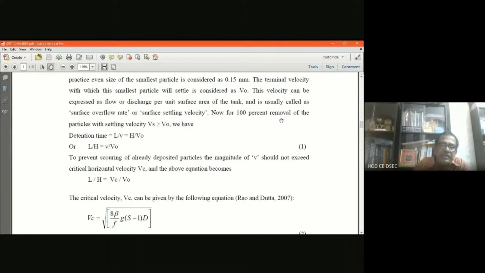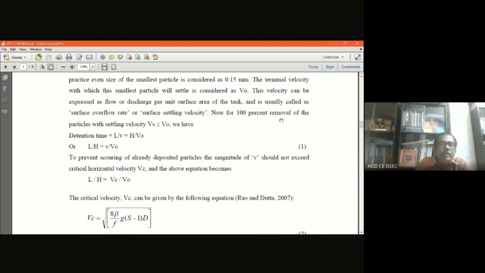Since both give the detention time, we can equate L by v to H by V0, which equals the detention time. So we can conclude that L by H equals v by V0.